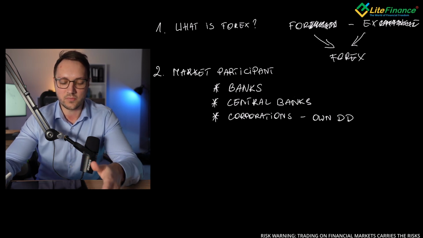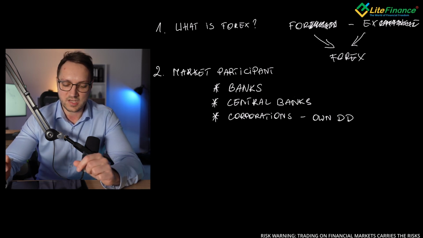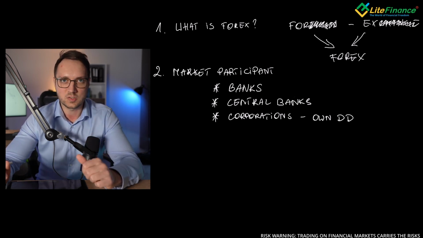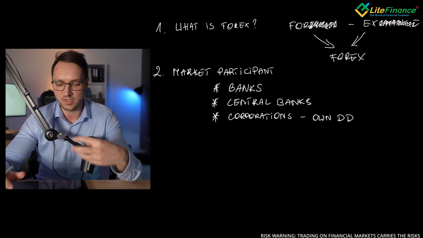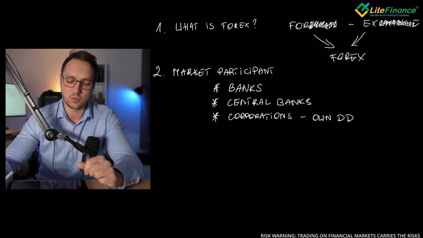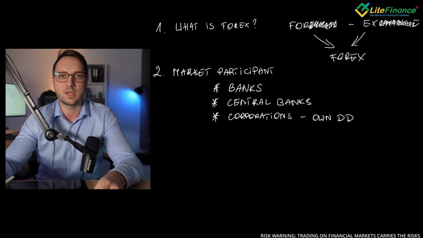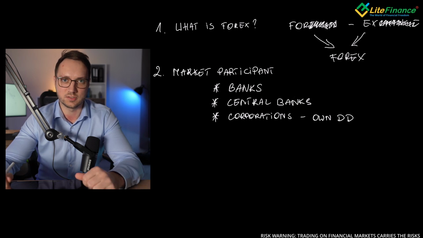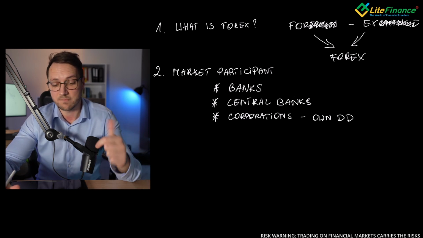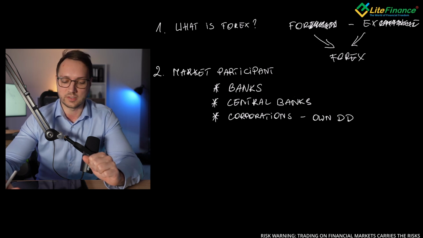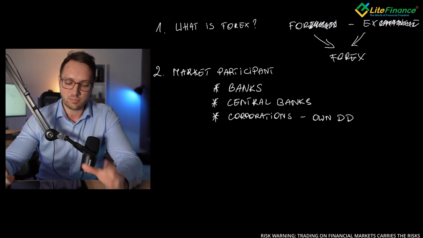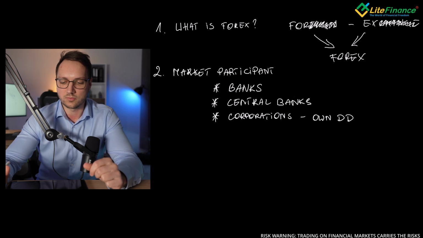Central banks have a little bit different role. They also participate in transactions. They also create the supply of a particular currency in their own way. But most often they influence the prices by changing their monetary policy, for example, by raising and lowering interest rates. And the third participants, the corporations which have their own dealing desk, do the same as the banks do.